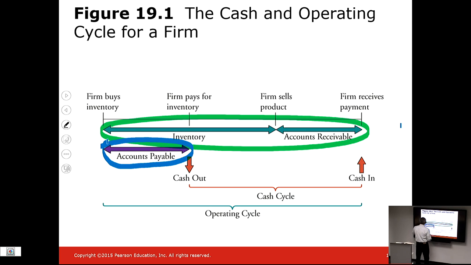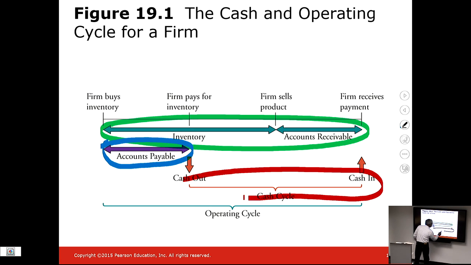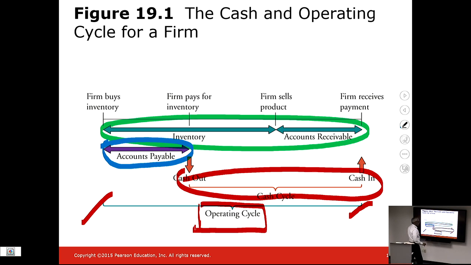Let me clear everything. So the remainder that we have over here represents our cash cycle. And the whole thing from here all the way to here represents our operating cycle. So two different cycles, cash cycle versus operating cycle. What we are mostly interested in is the cash cycle.